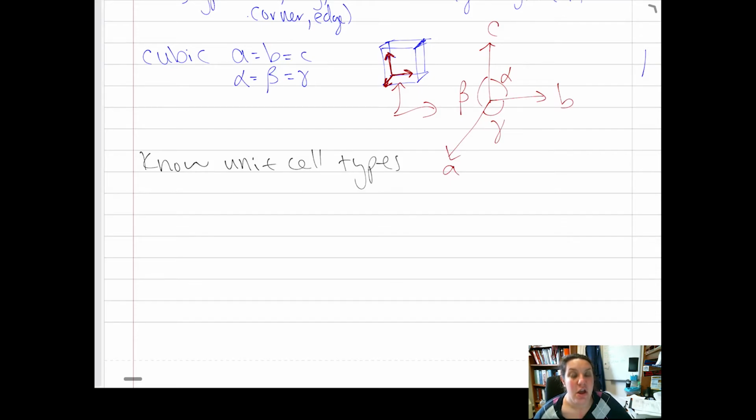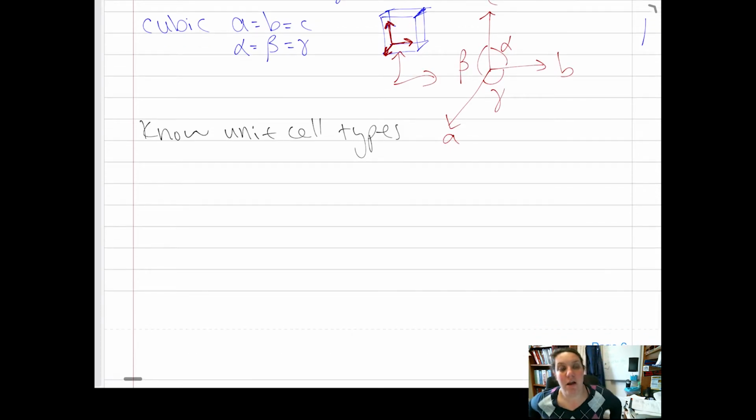And then we're going to move on to metal crystal packing, so how atoms pack within a metallic solid. So this is when we start to look at our different lattice points.